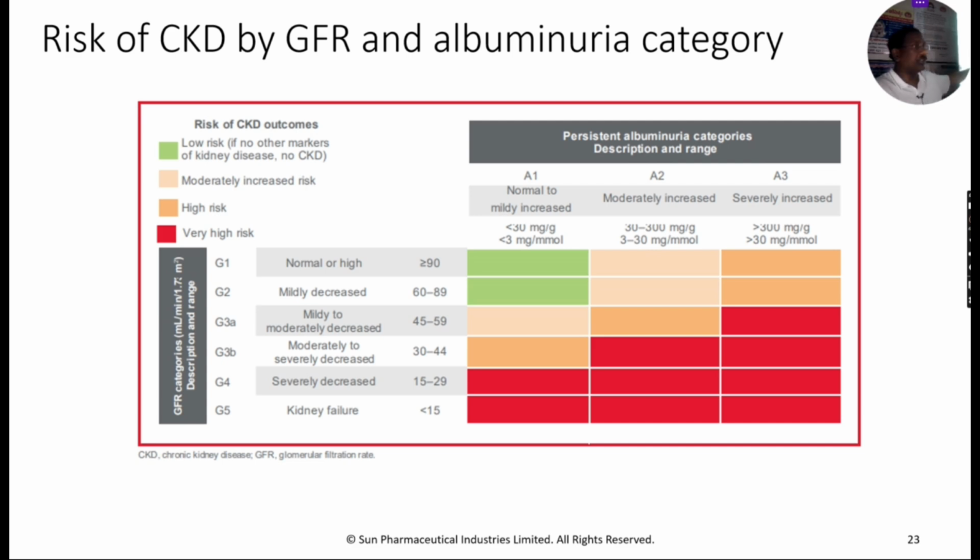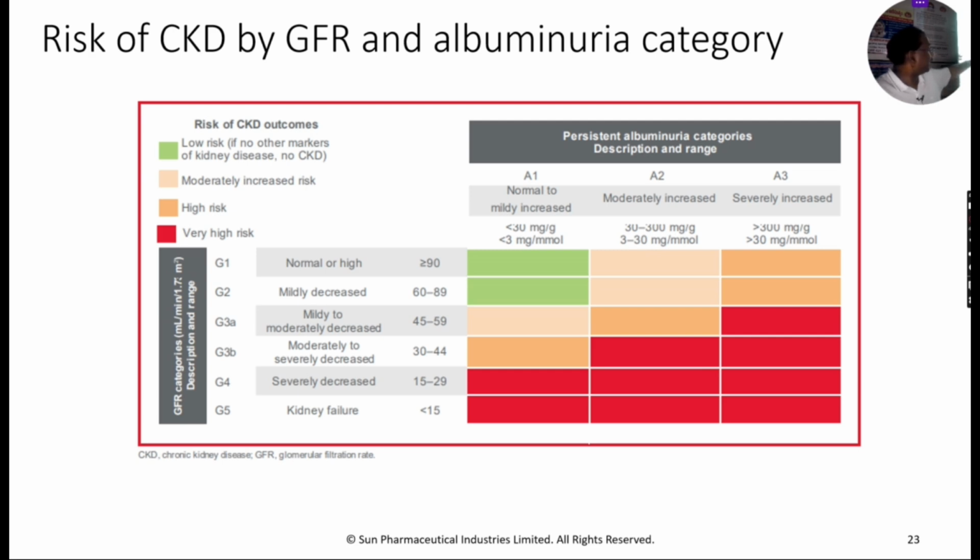So depending on your GFR and your albuminuria, you divide all these things into A1, A2 and A3. See the red marks here. Red marks mean very high risk individuals. The top red mark is our A3. Even at a GFR of 45 to 60, if the albuminuria is A3, this patient is a very high risk individual.